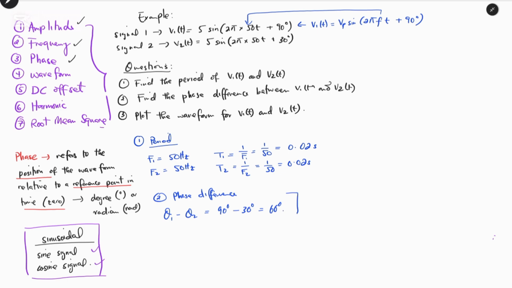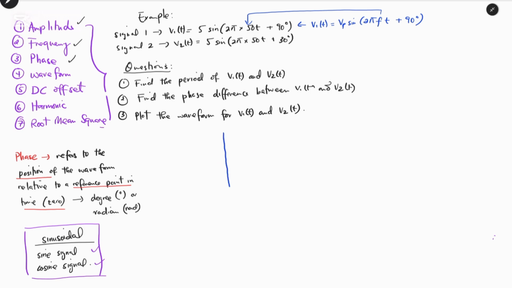From this, we can say that signal 1 leads signal 2 by 60 degrees. This leads us to plotting the waveform, where we can see that signal 1 leads signal 2 by a phase difference of 60 degrees. Now let us plot the waveform.